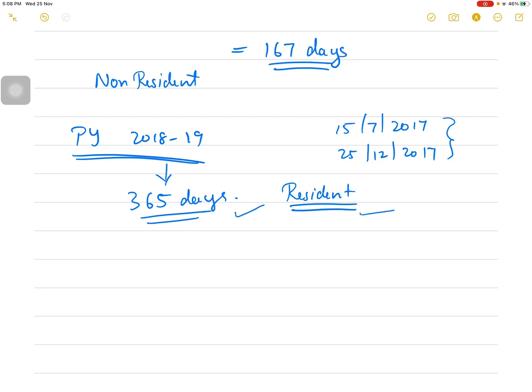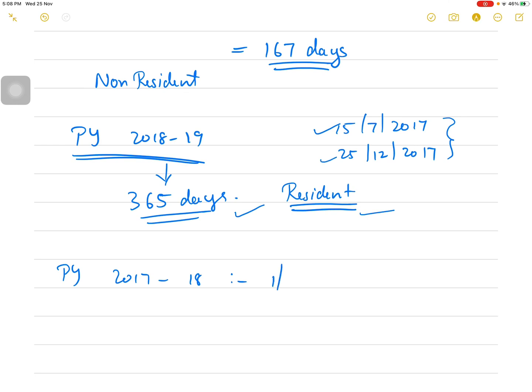So for 2018-19, 365 days he was in India, he is resident. Let's check whether he is ordinarily resident or not ordinarily resident. Let's see the preceding years. For the previous year 2017-18, let's see how many days he was in India. He left on 15/7/2017 and came back on 25th December 2017.